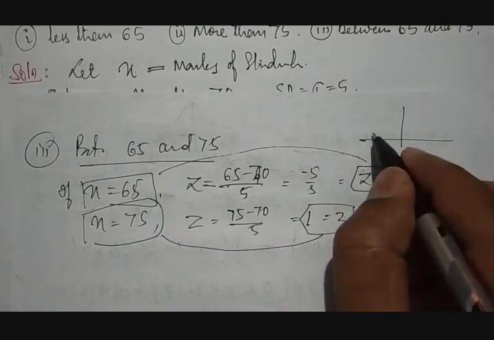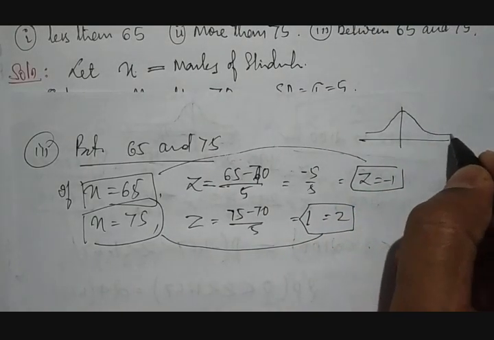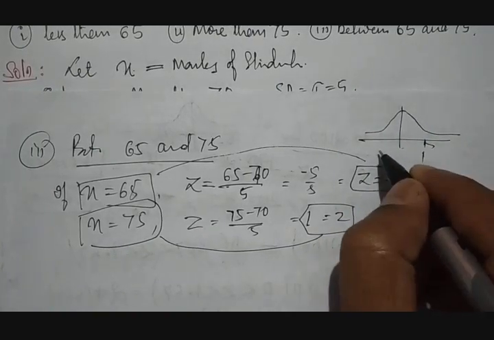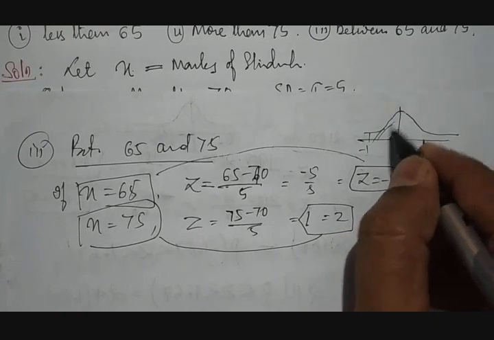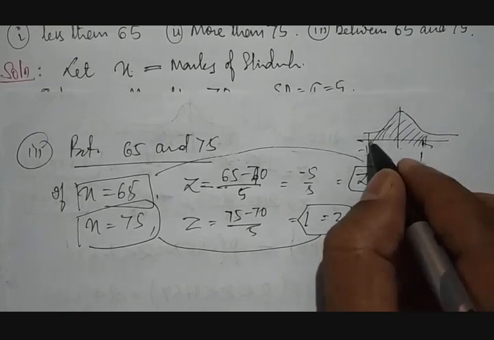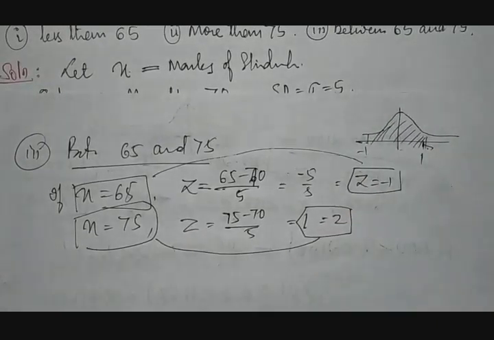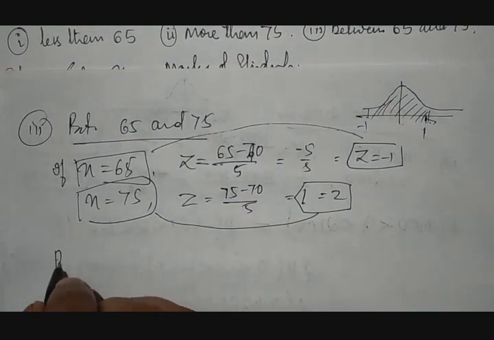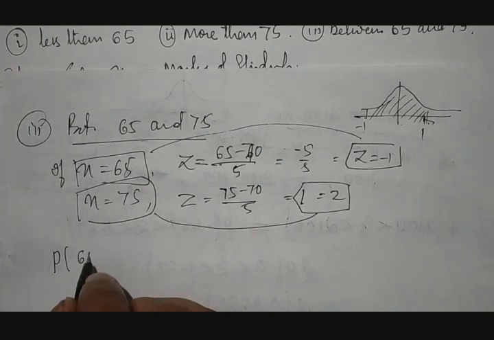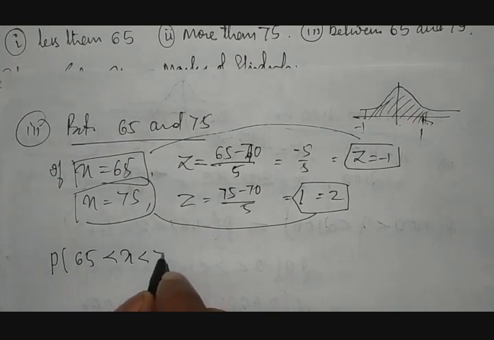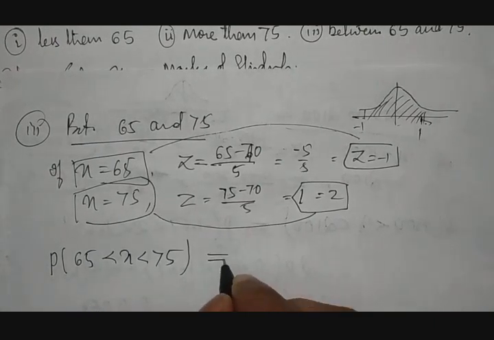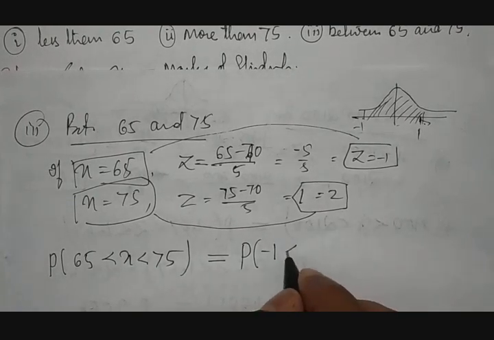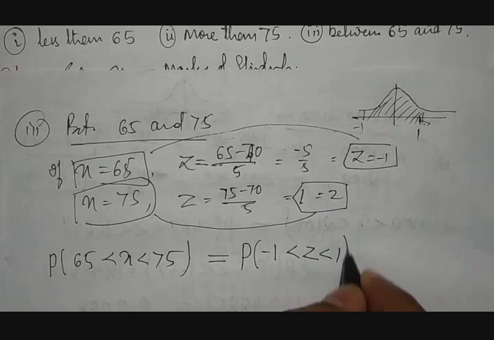Means graphically speaking, if this is your curve, then on one side z is plus 1, on the other side it is minus 1. So we are calculating the distance from this to this. But we know that the negative side cannot be calculated. Therefore, the probability of 65 less than x less than 75 can be written in terms of z as minus 1 less than z less than 1.